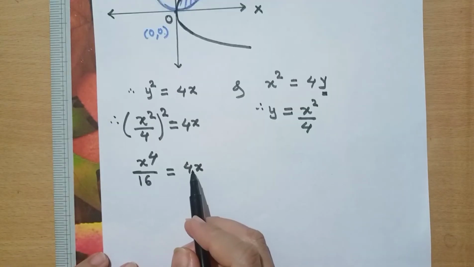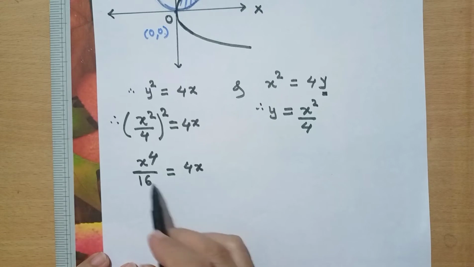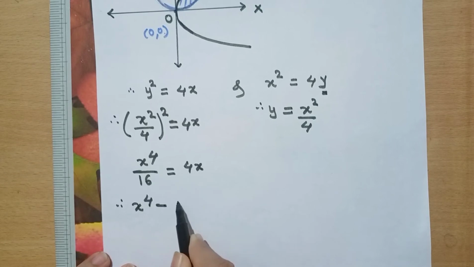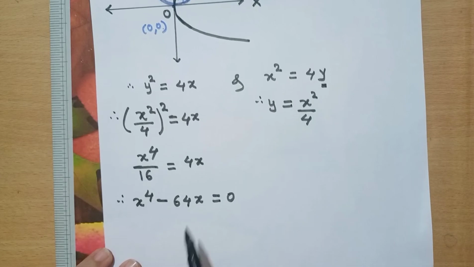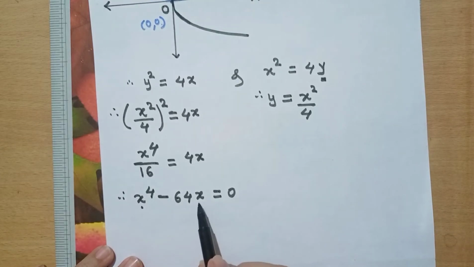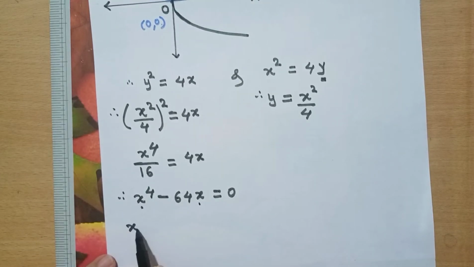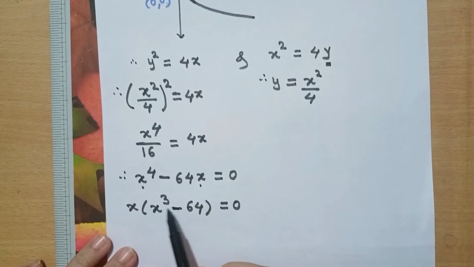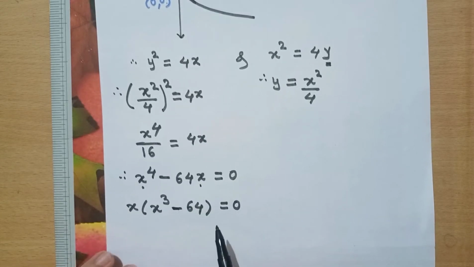Again find the square, so x raised to 4, and the square of 4 is 16. Now multiply the whole equation by 16 and move this term to the left hand side. So we have x raised to 4 minus 64x is equal to 0. Now we can take x common from these two terms. So we have x into x cube minus 64 is equal to 0, and the product of these two terms is equal to 0.